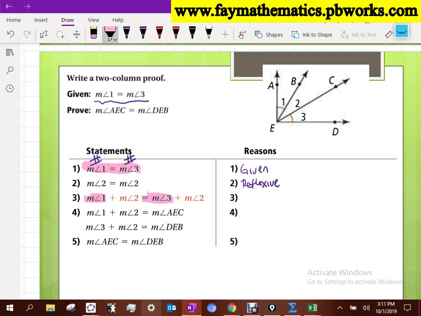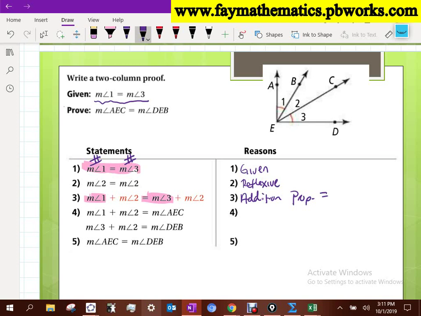But that thing we added to both sides, in statement number 2 we said was the same amount, right? So remember yesterday, if I start with 2 things that are equal, and I add a third thing to both sides, isn't that the addition property of equality that allows me to do that?